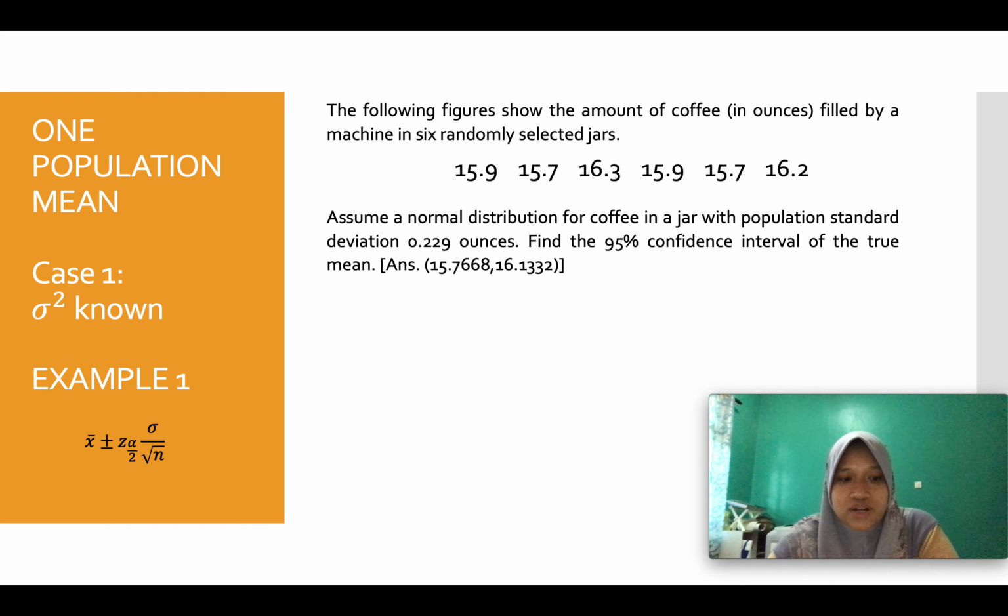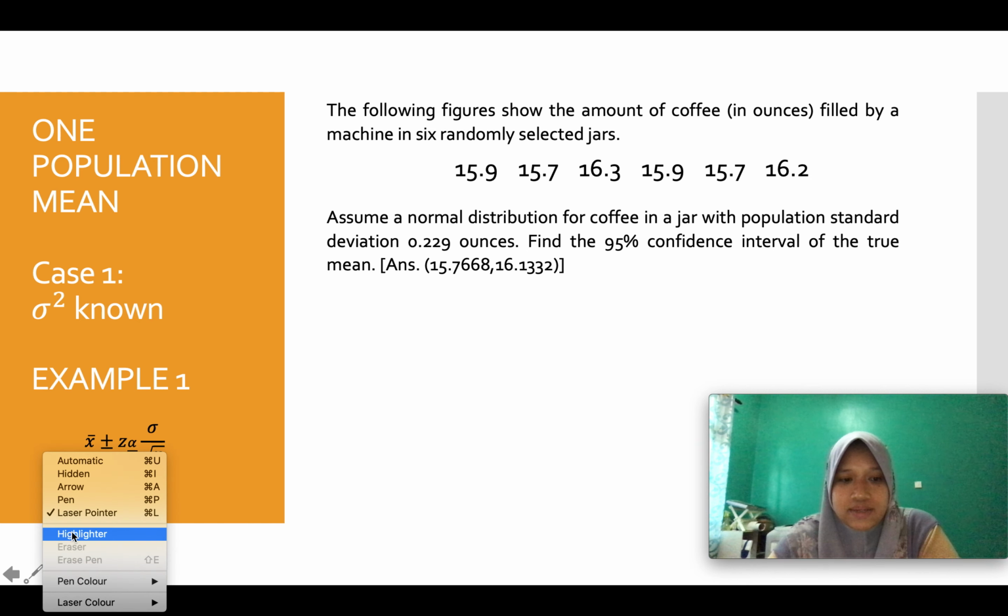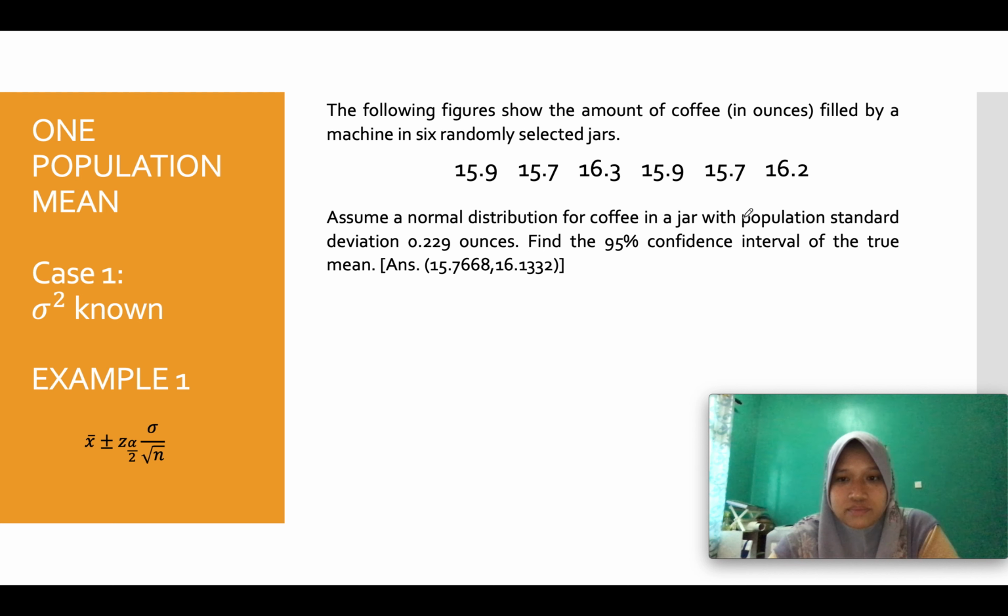So what is given here? The population standard deviation. We know the value of the population standard deviation, which is sigma. That's why it falls under case number 1. Find the 95% confidence interval of the true mean.